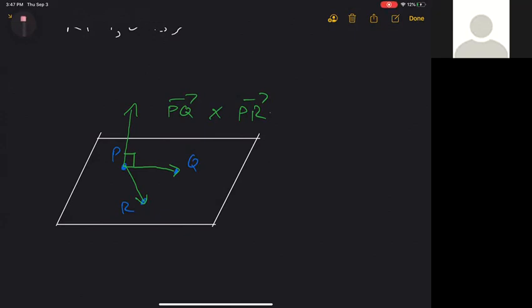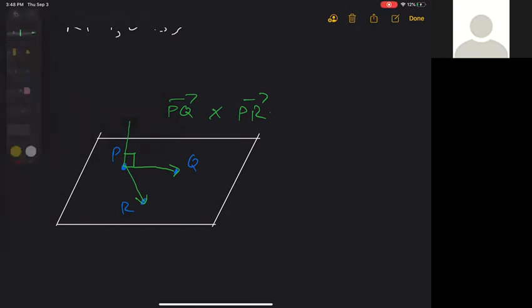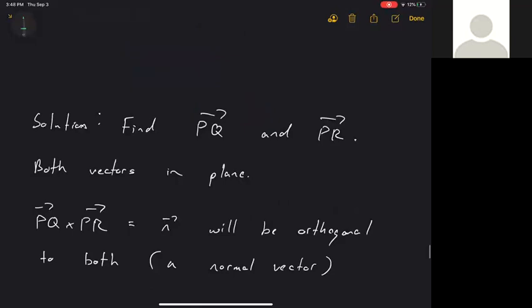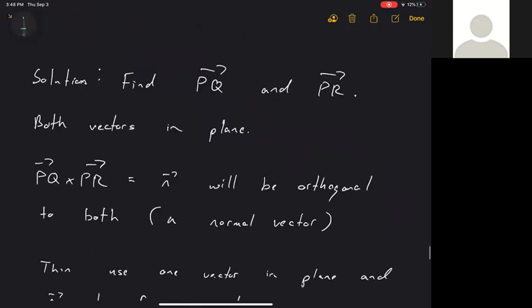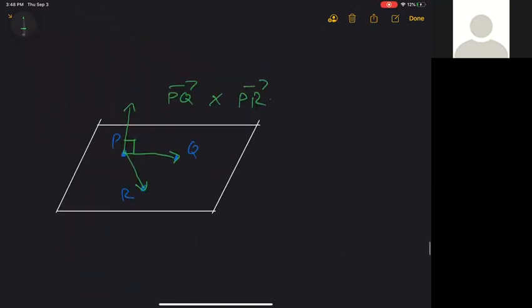So I'm not given a normal vector, but I can find one by taking the cross product of 2 vectors in the plane. So that's what I've said here. We find the vectors PQ and PR, both are vectors in the plane. The cross product is going to be a normal vector. All right, that's going to give us our normal vector.